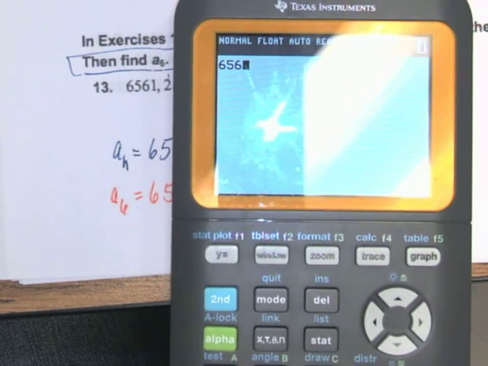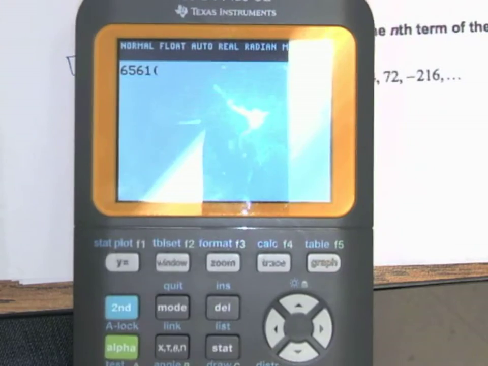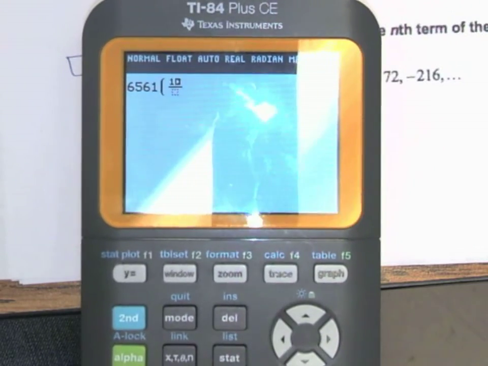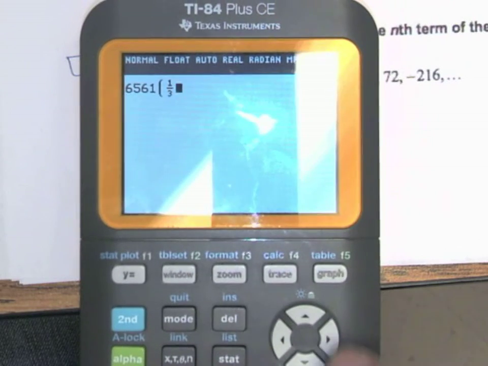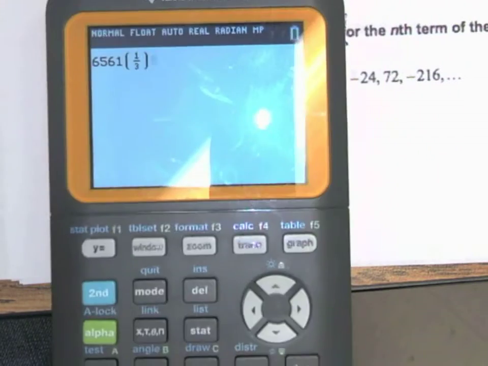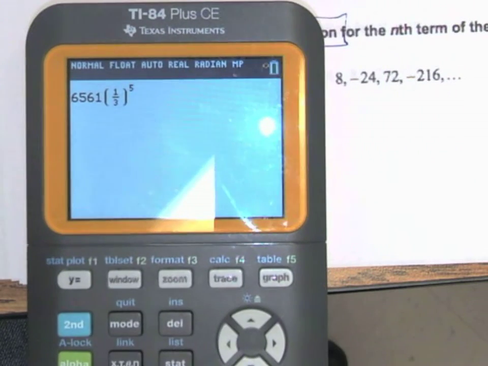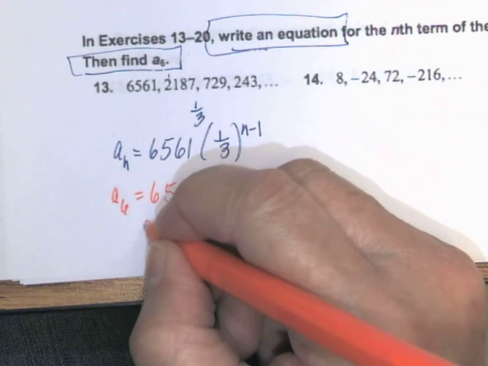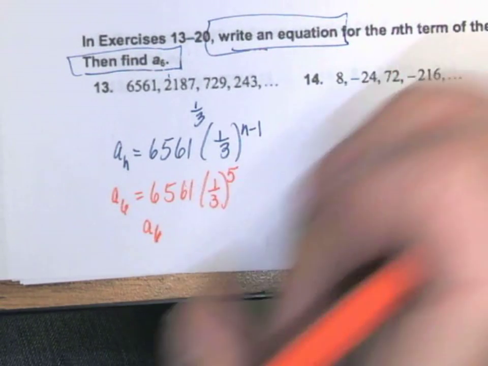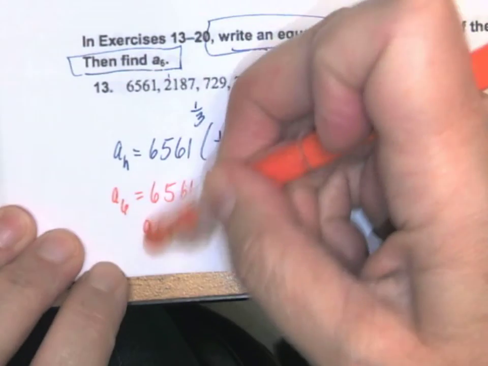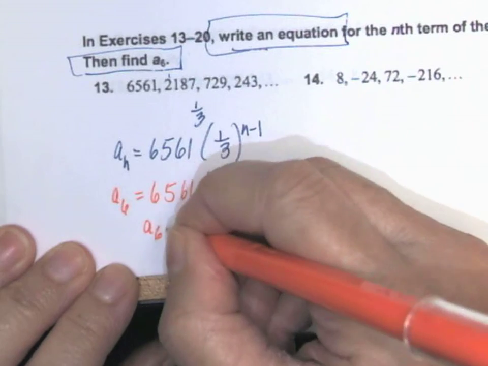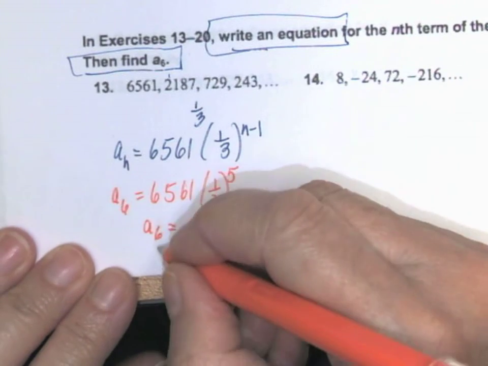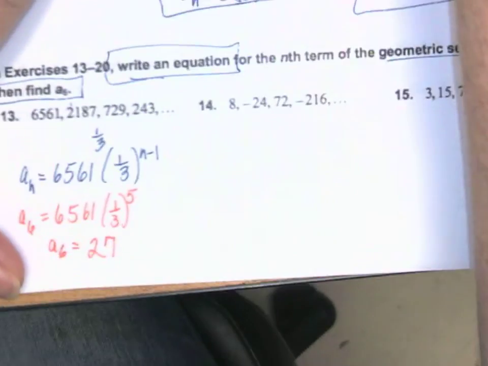Let's go 6561 times 1/3 to the 5th power, and we get 27. So our 6th term, a sub 6, is 27. That means when x is 6, y is 27.